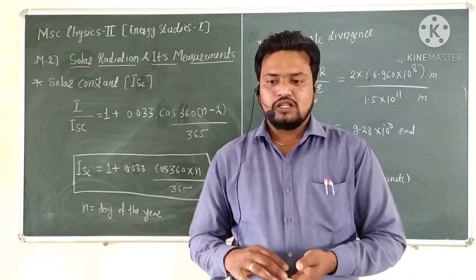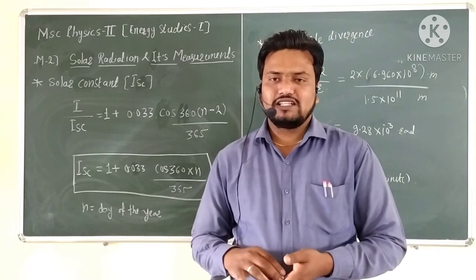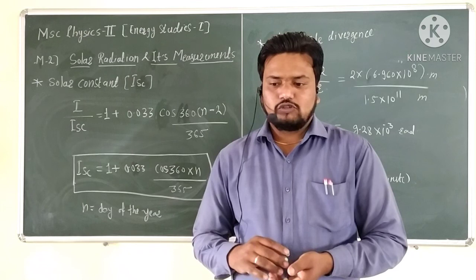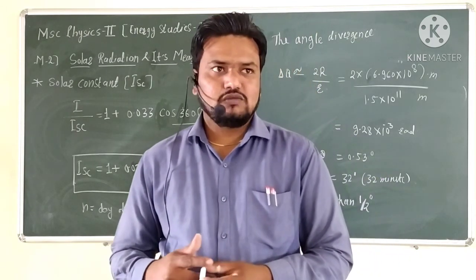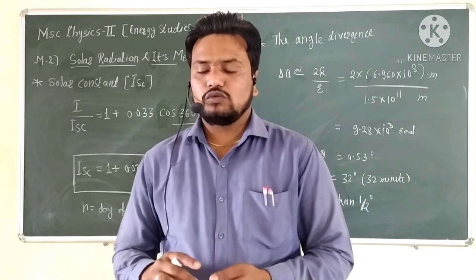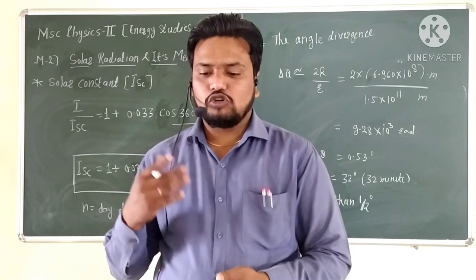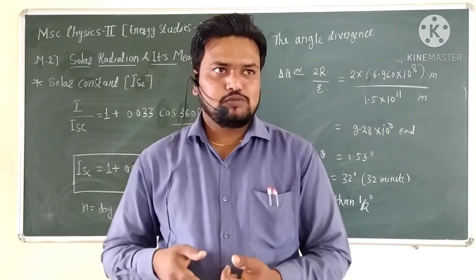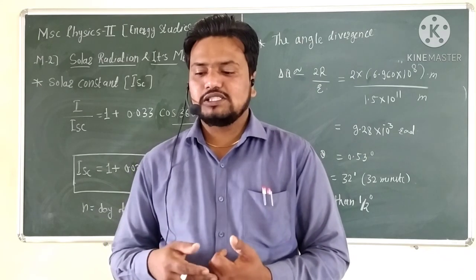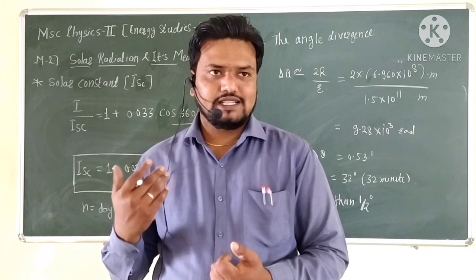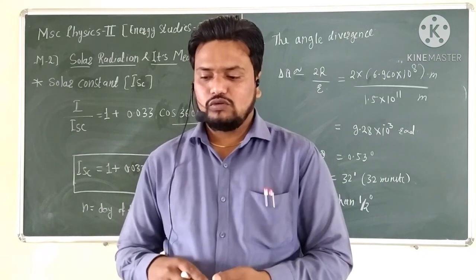Now in the next lecture we will see the electromagnetic energy spectrum, which is usually divided into wavelength bands. We have to know the names of the types of the electromagnetic spectrum: cosmic rays, gamma rays, X-rays, UV rays, that is ultraviolet rays, visible light, infrared rays, and radio waves.